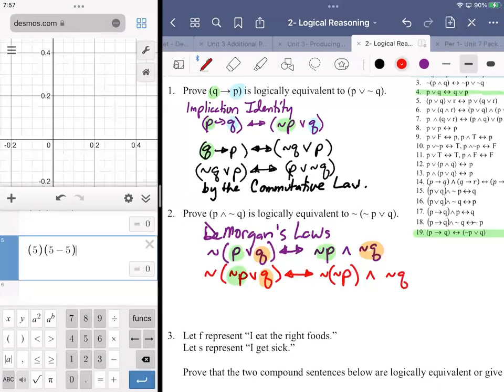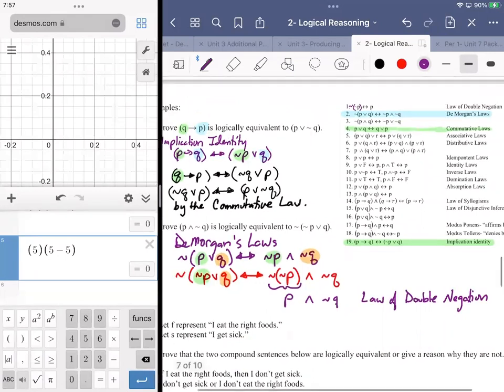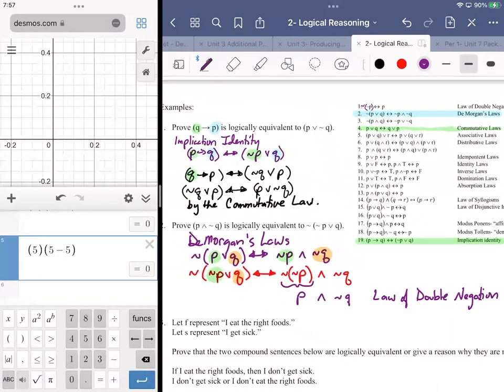So then the only thing I'd have to draw a conclusion on would be this, because that would be P, and that would be the law of double negation.